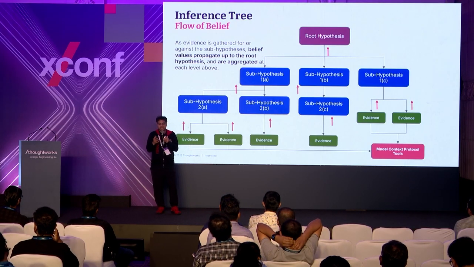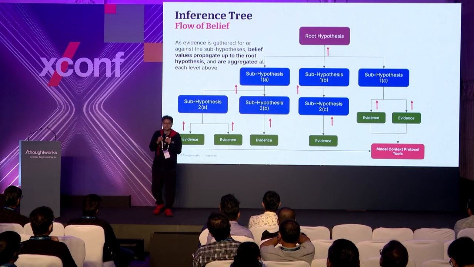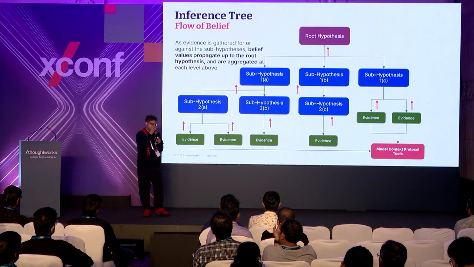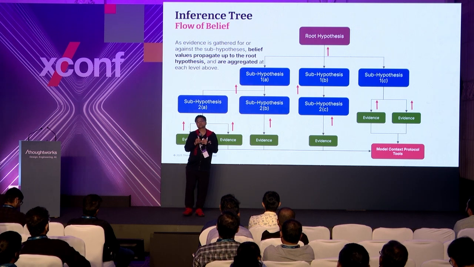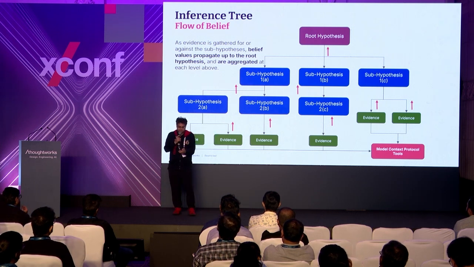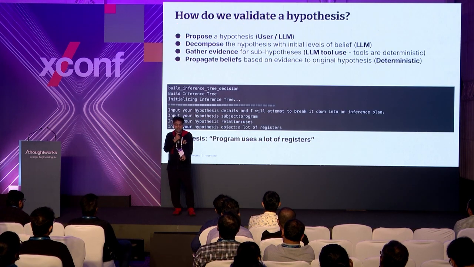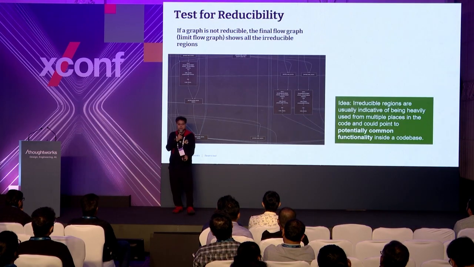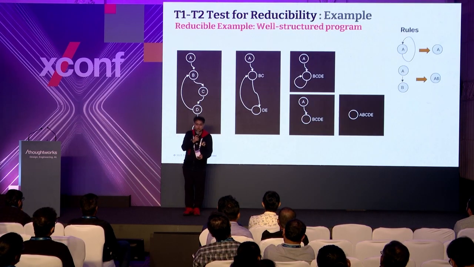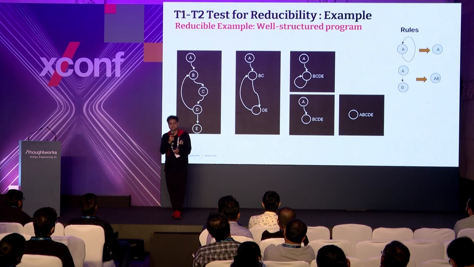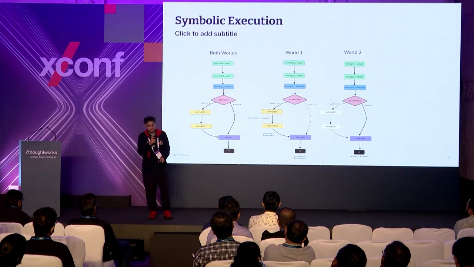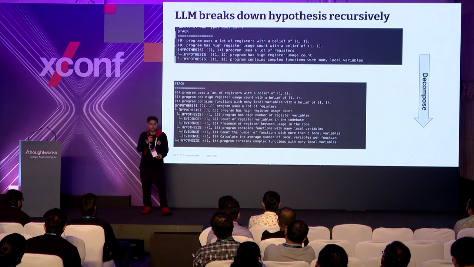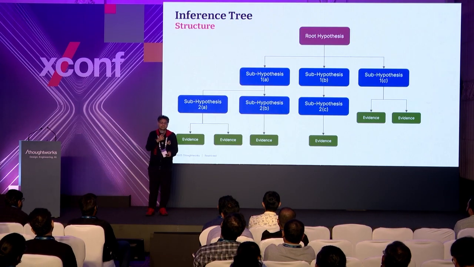So each of these evidences can be gathered, and how these can be gathered, I think Chandru's first talk also talked about Model Context Protocol tools. So say all of these structural analyses that I had already talked about are exposed as MCP tools, and then you run your hypothesis tree.